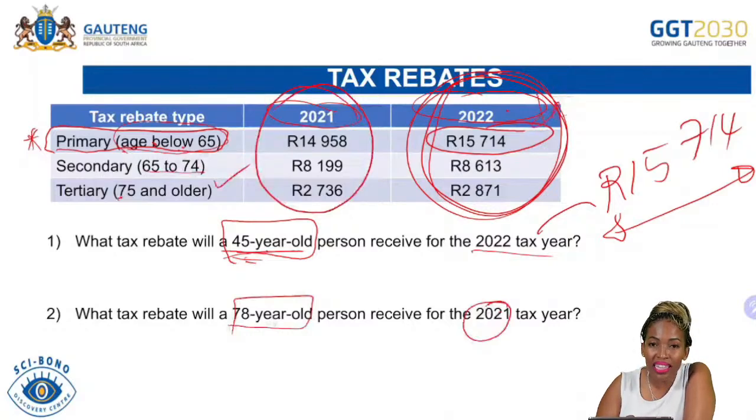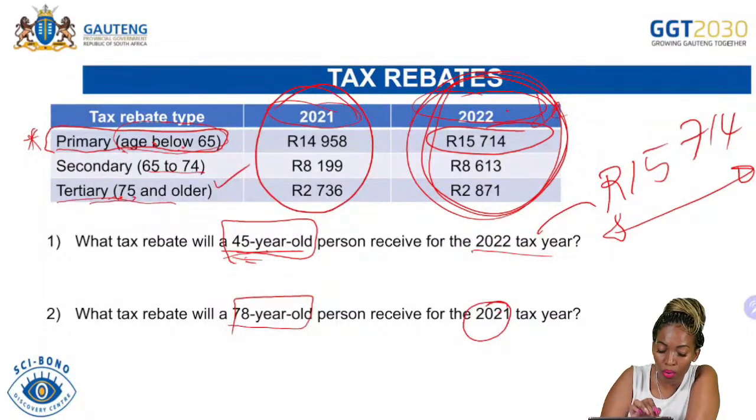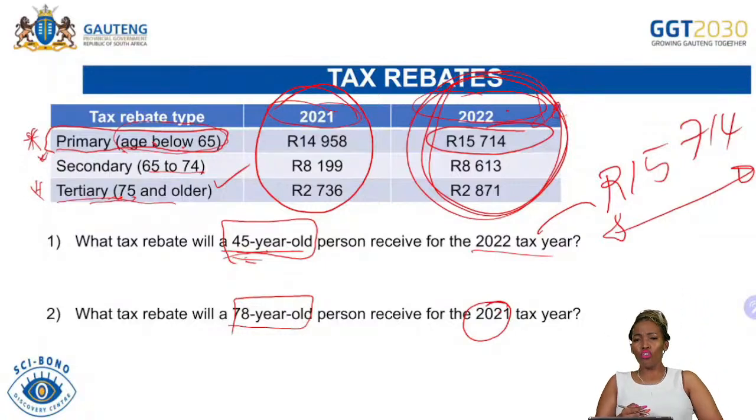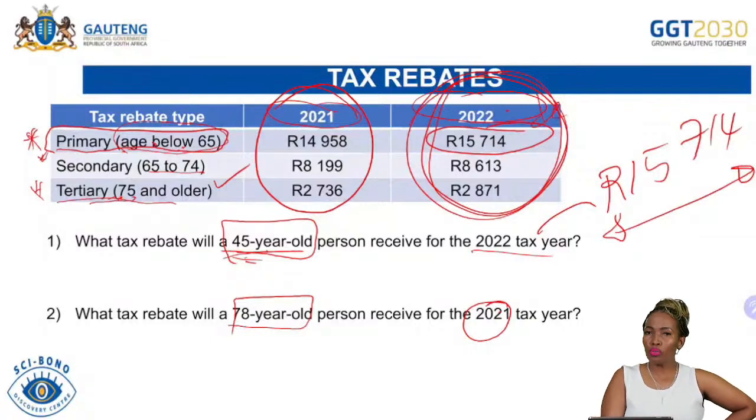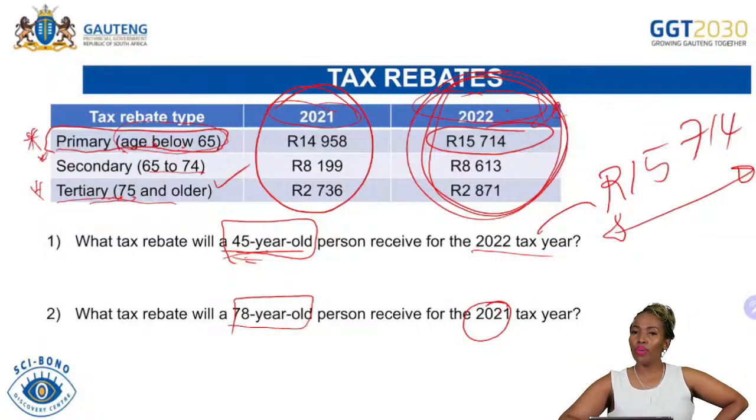This does not mean that this taxpayer will only get a tertiary rebate. Because they're at tertiary, they will get primary, they will get secondary, they will also get tertiary. Take this to your life in practice. You don't just wake up one day and say, I'm going to tertiary. No. In the schooling system, you start first in primary.